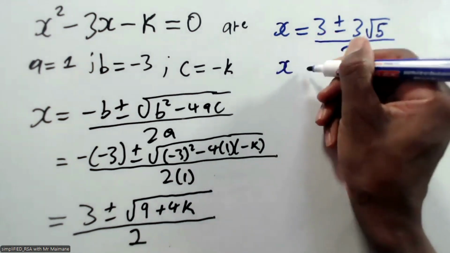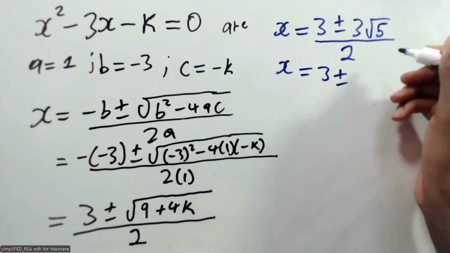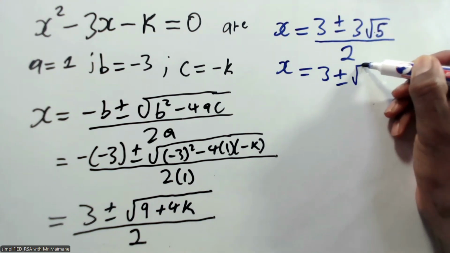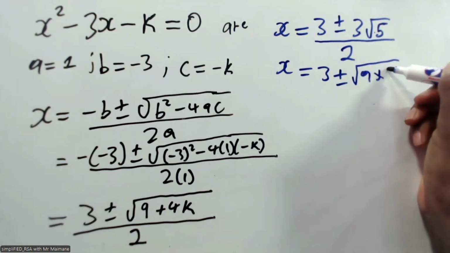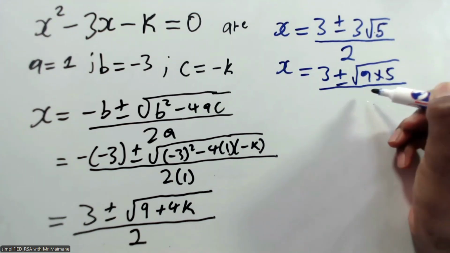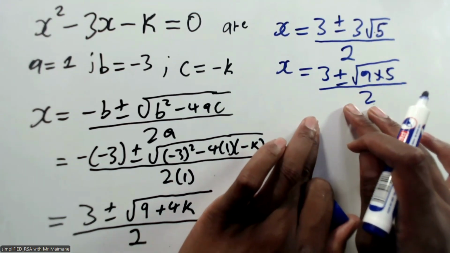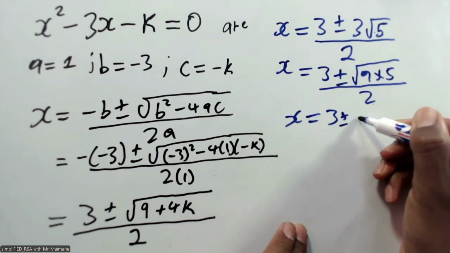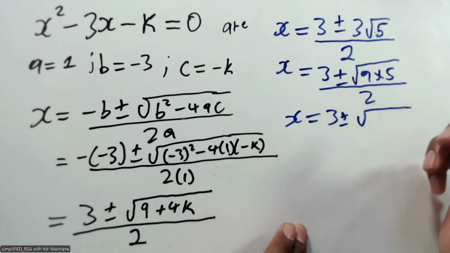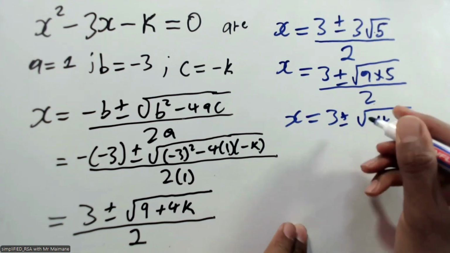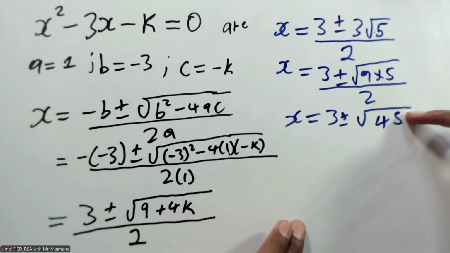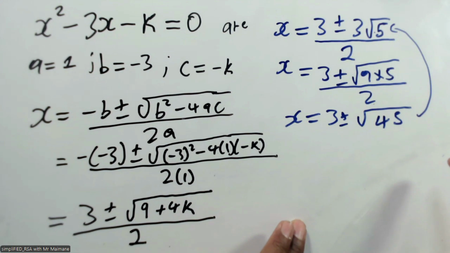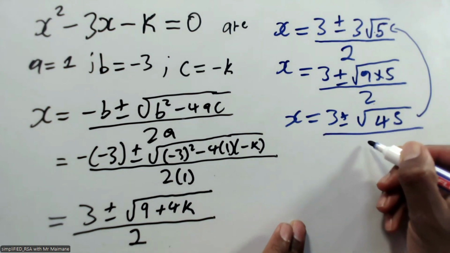It could have been x equals 3 plus or minus the square root of 9 times 5, over 2, because the 3 was removed from the square root. As you know, square root of 9 times 5 gives me 45. So the square root of 45 is the same as 3 root 5, over 2.